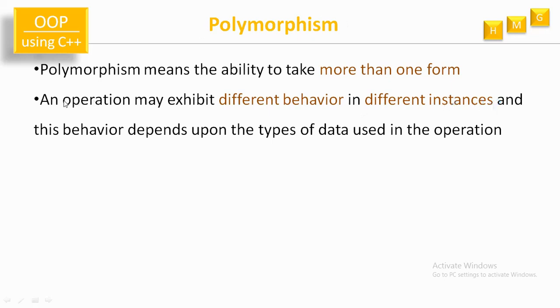So like this, the same function can perform different operations depending on the type of data used in that operation at that particular instance. So in this way, the function will be a polymorphic function, that is, the function or that operation has the ability to take more than one form.